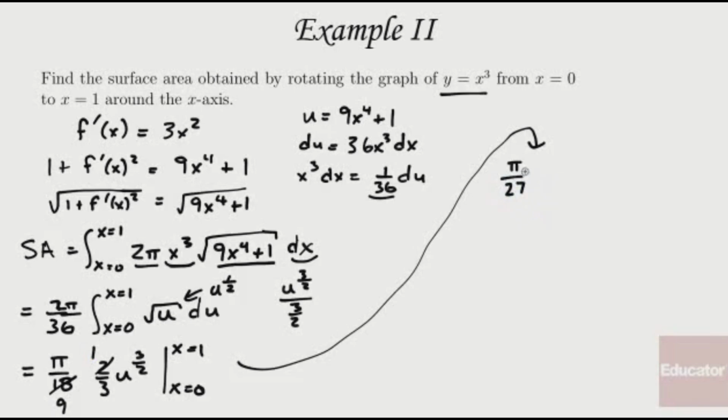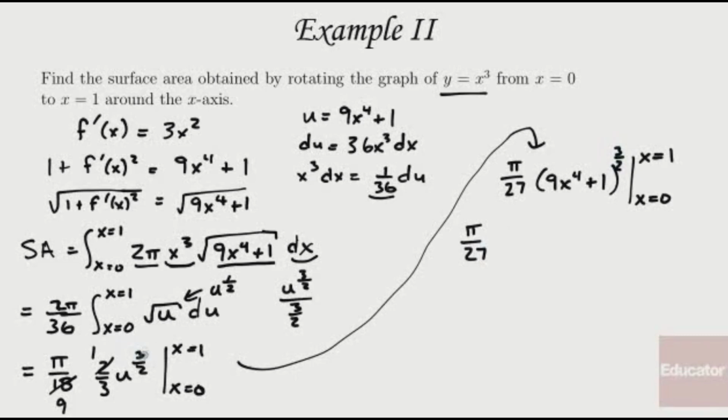So now u was 9x to the fourth plus 1. And we're evaluating that from x equals 0 to x equals 1. So we get pi over 27. Now if you plug in x equals 1, I'm sorry, I left out my 3/2 there.